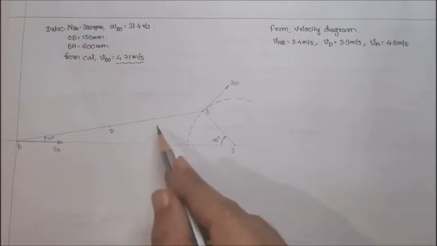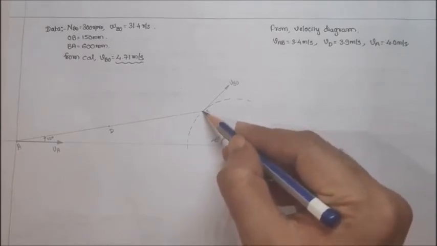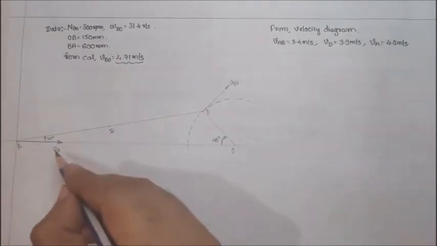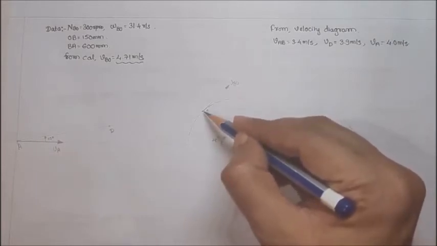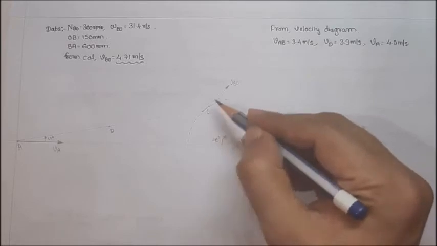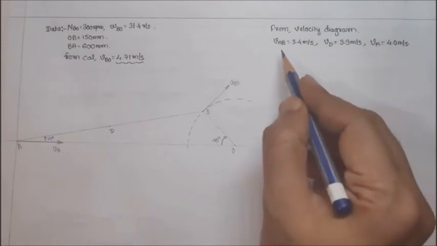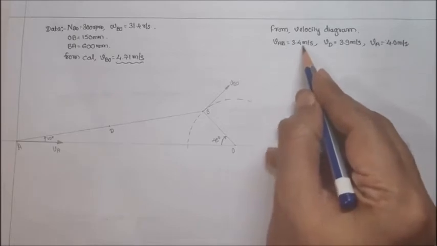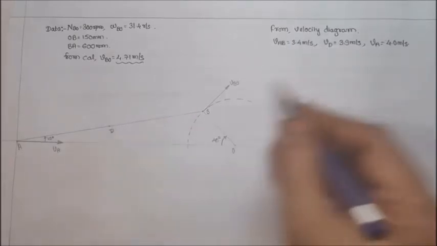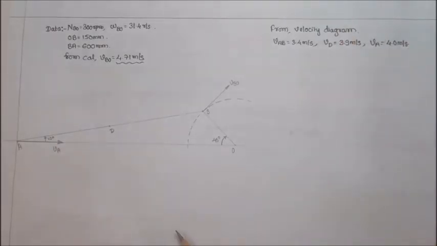So from the space diagram we got the point B, point D, point A, and the direction of linear velocity of slider A, and the direction of the velocity of point B with respect to O, and we got the value of velocity of B with respect to O also. And from the velocity diagram, we have a velocity of the connecting rod AB 3.4 meter per second, velocity of point D 3.9 meter per second, and velocity of A equal to 4.0 meter per second.